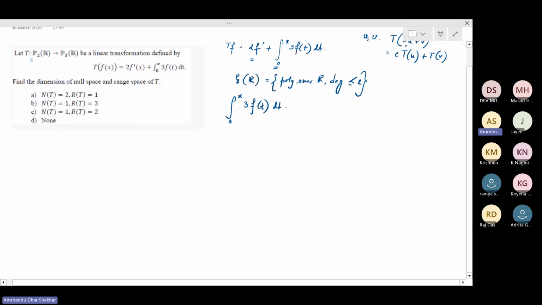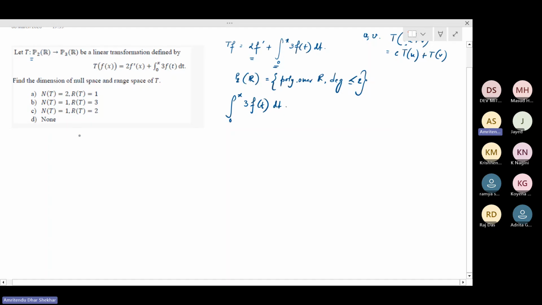So let me write it down. N(T) is basically going to be polynomials Q in P2 of R such that 2 times Q dash plus the integral from 0 to x of 3Q is equal to 0.